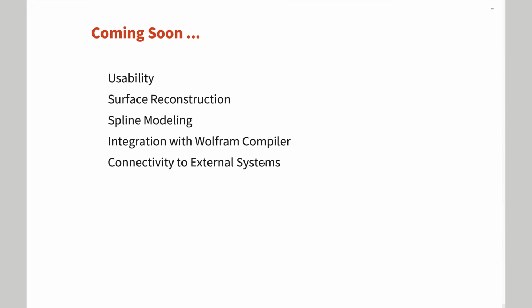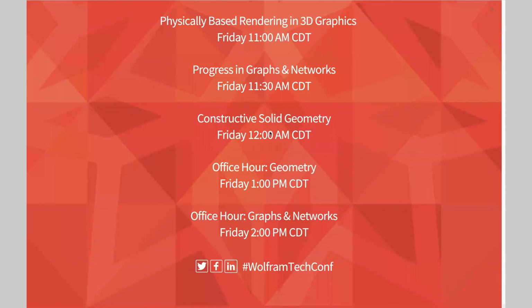For example, you have CSG3 where you can manipulate your CSG region in the compiler and work on it. We'll also continue to extend connectivity, import and export, as well as direct connectivity to external systems. That's our future pipeline for the next release. I hope that gives you a general view of what we are trying to do in geometry and bringing other geometric schemes and constructions to the system.